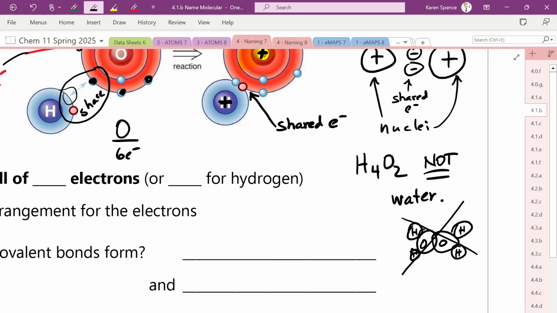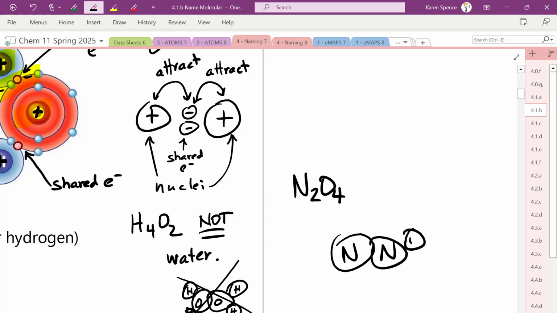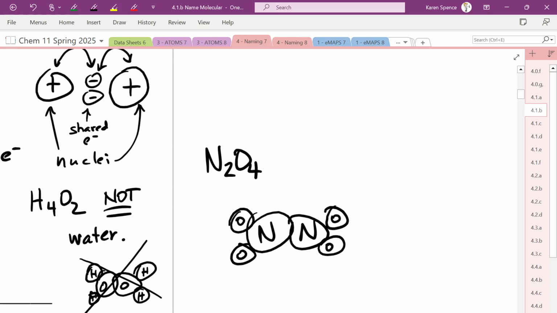Okay, so if I gave you N2O4. N2O4 does exist, and it looks like this. N, O, O, O, O. Okay, that's N2O4. We would never simplify that into NO2. And the reason is that this is a clear, colorless gas.